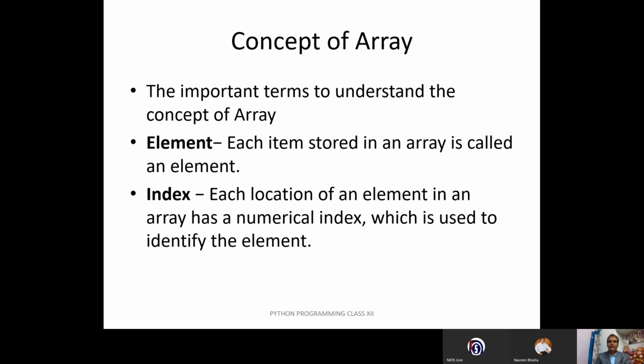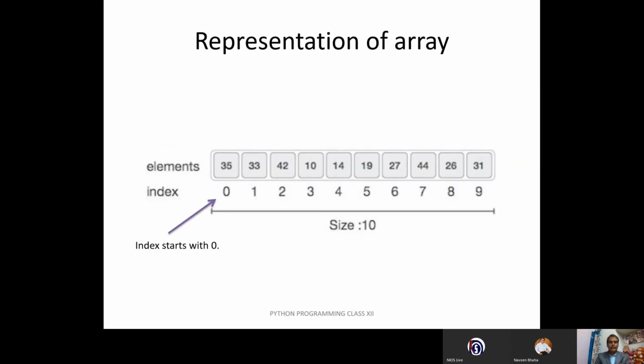So you can see, each item stored in an array is called an element. Each location of an element in an array has a numerical index which is used to identify the element, called the index. See how it is represented in front of you. You can see I have the same type of data.